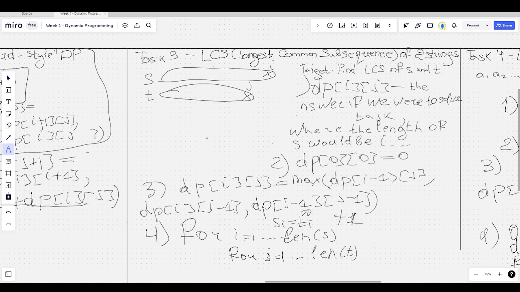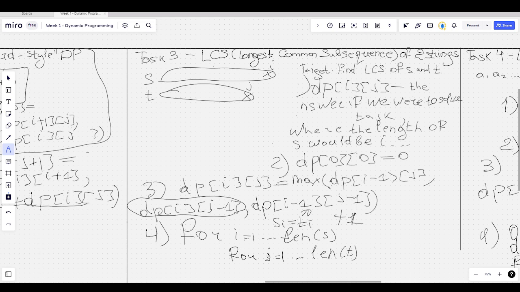And if we took only g, we just analogically took the dp e g.